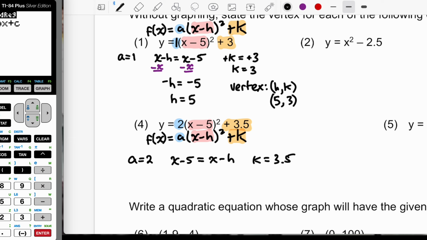Then again, it's just a matter of solving that middle equation. The x's would cancel if I subtract x from both sides. You get negative 5 is equal to negative h, making h equal to 5. So my vertex again would be 5, 3.5.